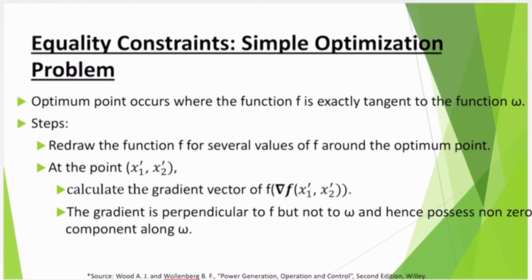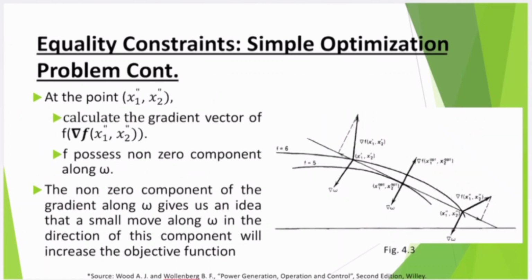That is how the optimization problems are solved, and probably I'll take you through the different types of problems available to you. You can identify the gradient vectors of any function, and that will give an idea where the optimization points are lying.